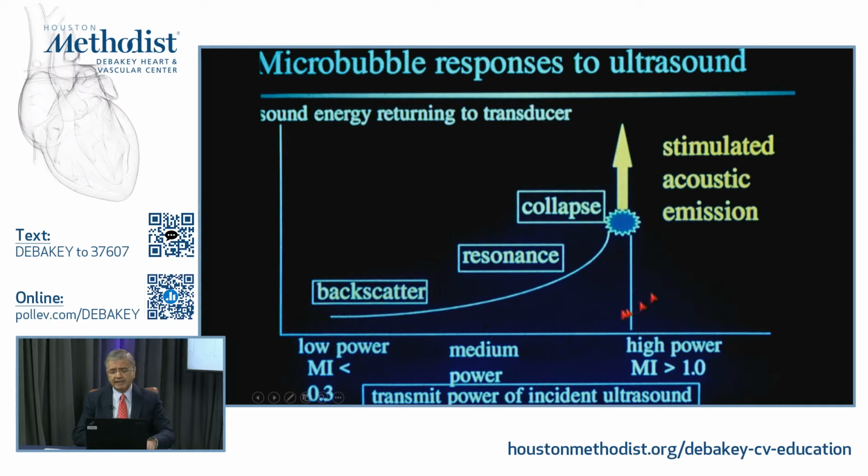At this high end, yes, you're exciting them, but you're destroying at the same time. And in between, there is a range of survival and depiction of it. Remember now, if you use a mechanical index of about 0.3 or so, the regular image of the myocardium itself and the valves is quite a bit attenuated because you don't have as much power sent in to reflect back from this myocardium.